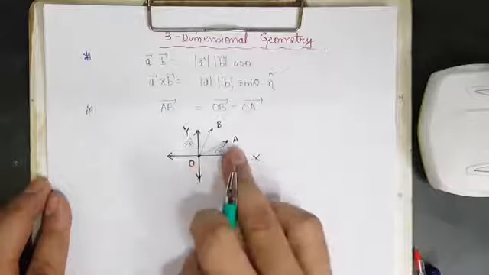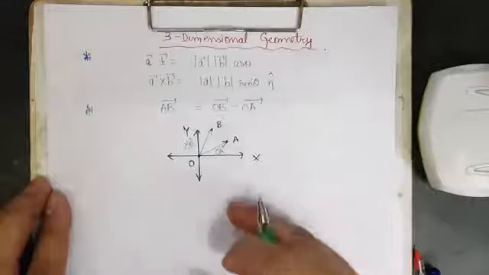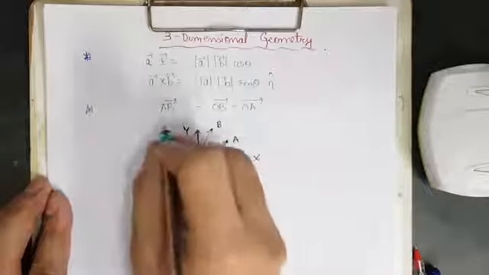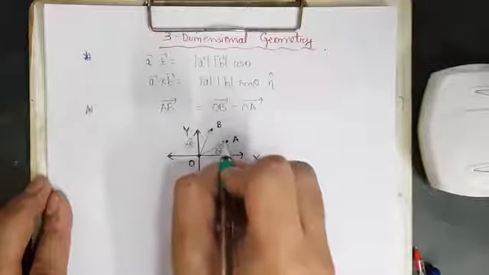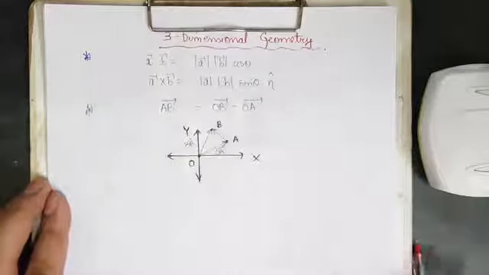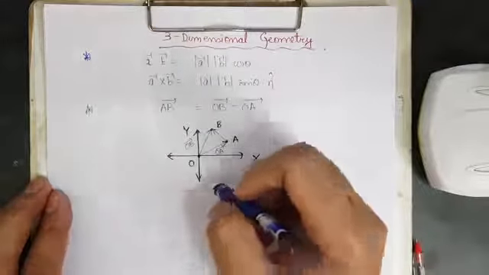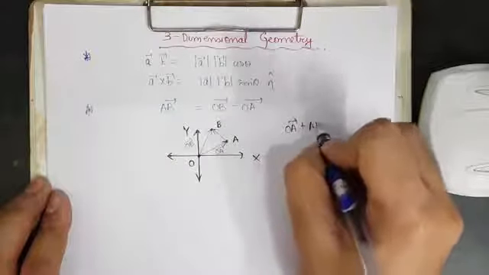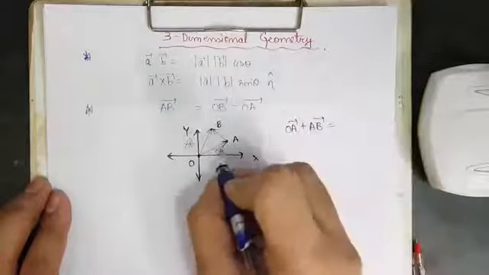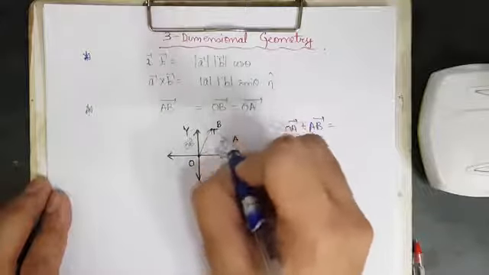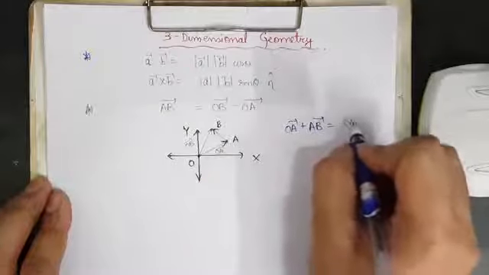This is the OA vector, pointing towards the point A. Now let us find the AB vector, from A to B. Using the triangular law of vector addition, OA vector plus AB vector, with OA along this direction and AB along this direction, will be equal to OB vector.